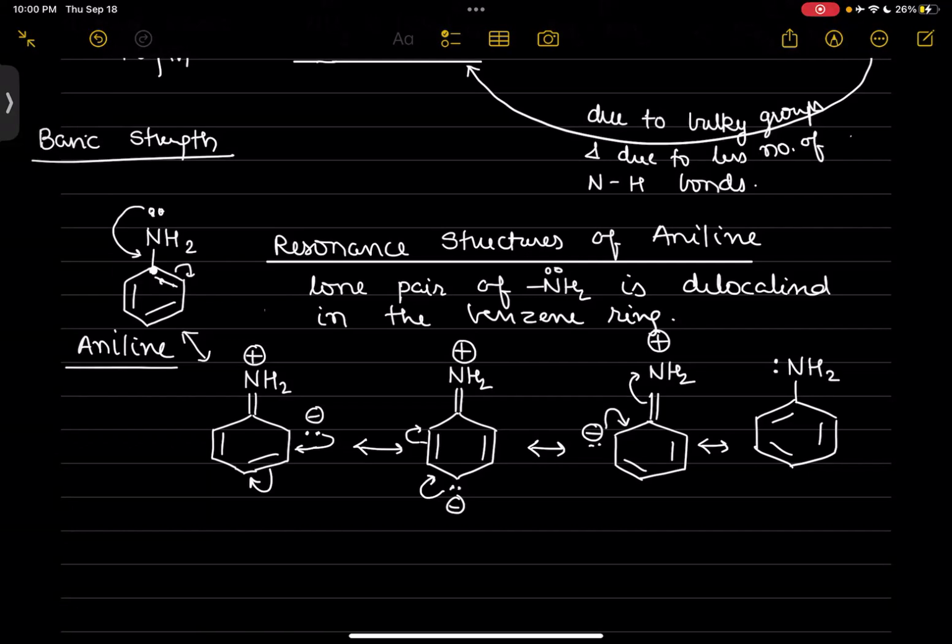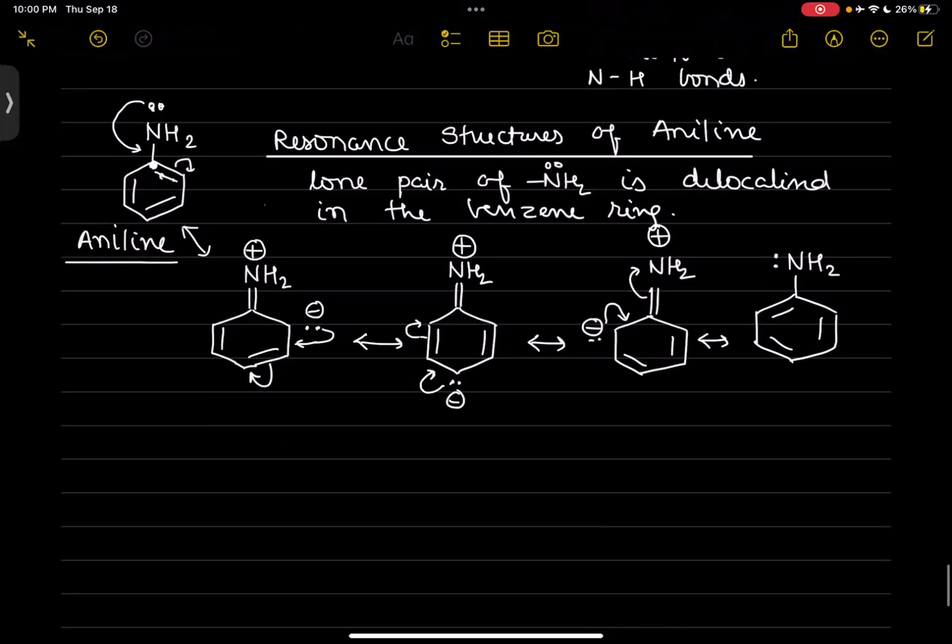Delocalized in the benzene ring means it has moved into the benzene ring at ortho and para positions. Is it clear? If you look at the actual structure, it will be the hybrid of all these structures, which is known as the resonance hybrid.